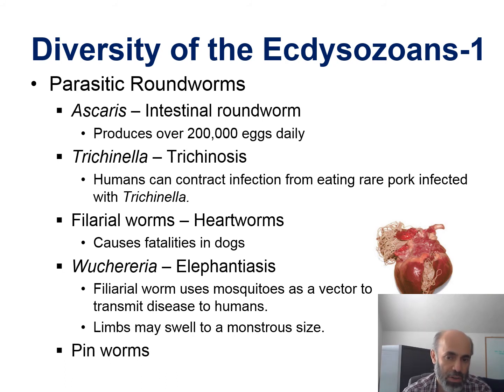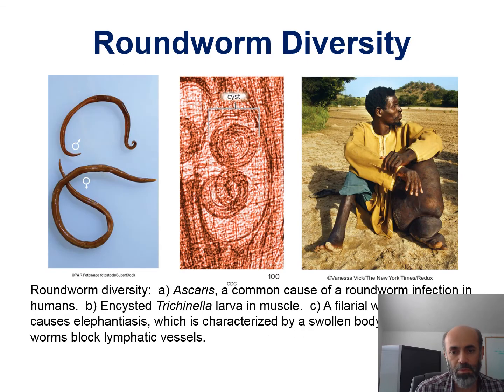Those are transmitted through mosquitoes, which are used as a vector to transmit this disease to humans. Pinworms, which some people have probably experienced, are tiny roundworms that are usually found in humans.